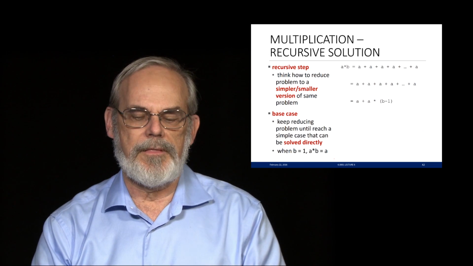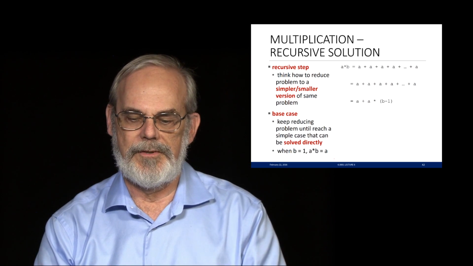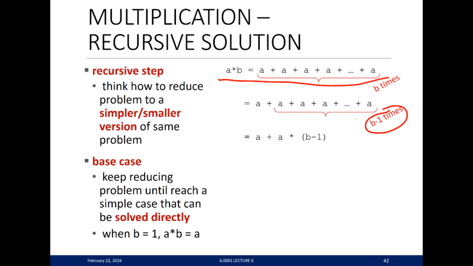And here's the way of thinking about this idea of doing successive additions to compute multiplication recursively. Again, a times b is adding a to itself b times. But I could think of that as saying that's the same as adding a to itself b minus 1 times. Okay, you say, that sounds like semantics.